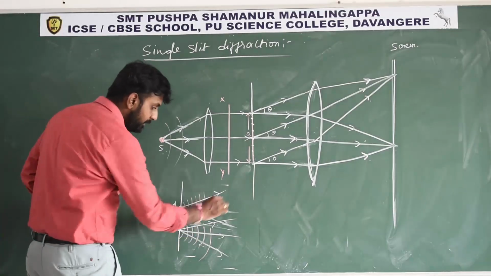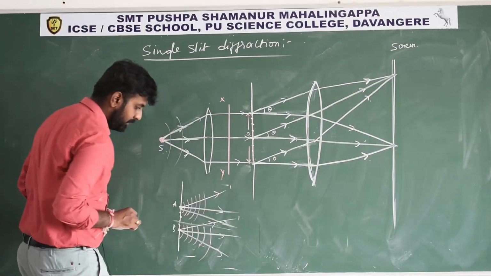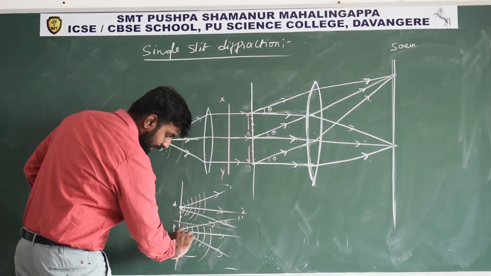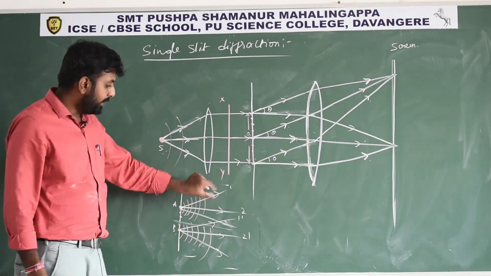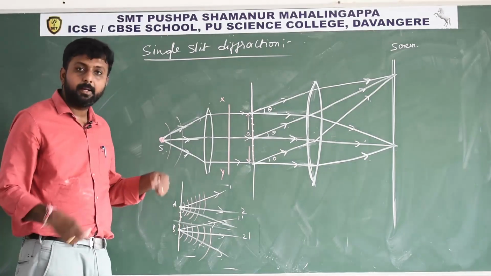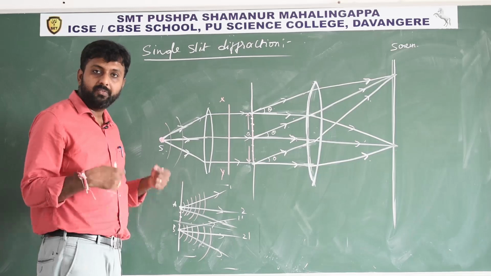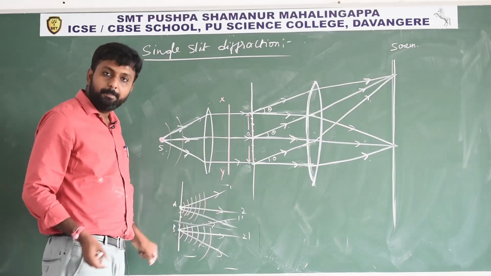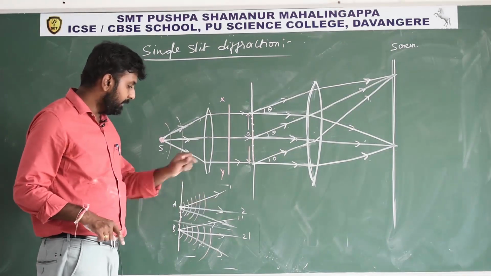Then you can observe, let us take this is 1 and this is also 1 dash, and this is 2 and this is also 2 dash. Observe carefully, 1 and 1 dash are parallel to each other, coming from two different points, two different sources, right? Then 2 and 2 dash are also parallel to each other. Again, one is coming from A point, another from B point.